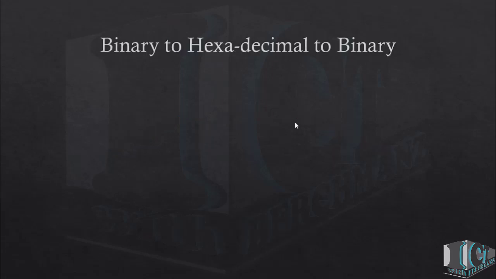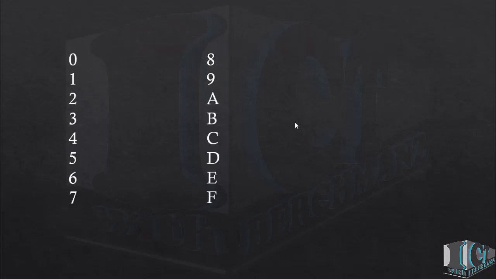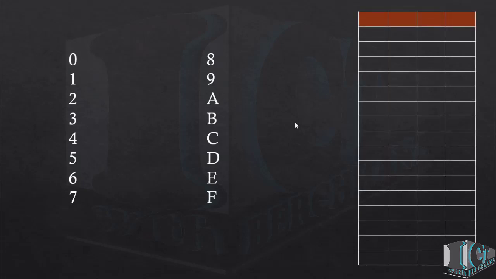Now let's look at how we can convert binary to hexadecimal and then back to binary. For this, I'm going to use a larger table like this, which will have 16 values for all the hexadecimal values. The headings for this would be 1, 2, 4, and this time 2 to the power 3, that is 8.